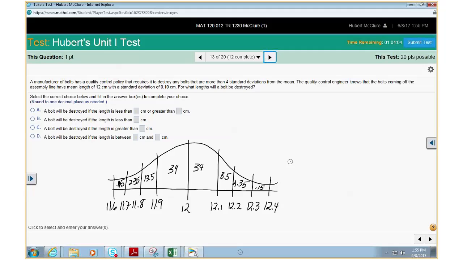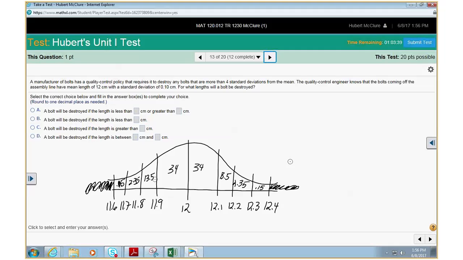Now it says manufacturer of bolts has a quality control policy that requires for it to destroy any bolts that are more, so out here, which that's going to pretty much be 0. Because this is 99, isn't this, let's see, add that up to 68.